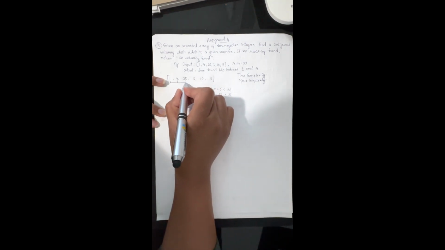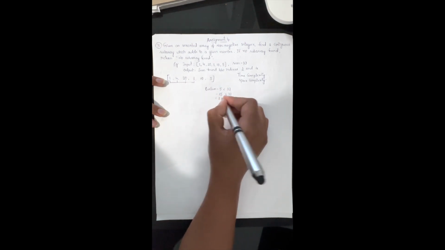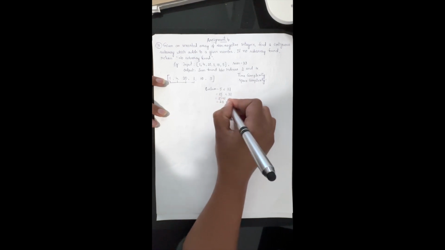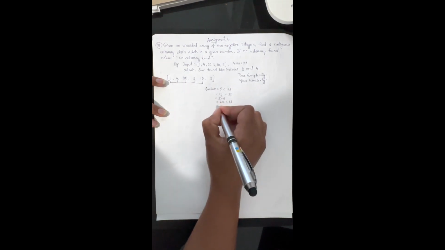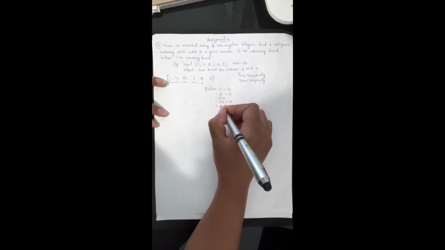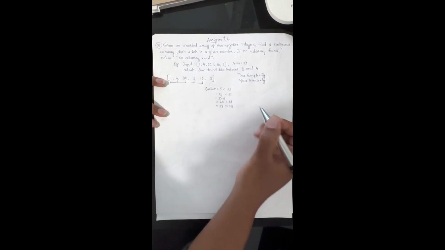So it becomes 25, which is still less than the given sum. Then I'll add the next number. Current sum becomes 25 plus 3, which is 28, which is less than 33. So I'll add the next number, which becomes 38. So the current sum is greater than the given sum.